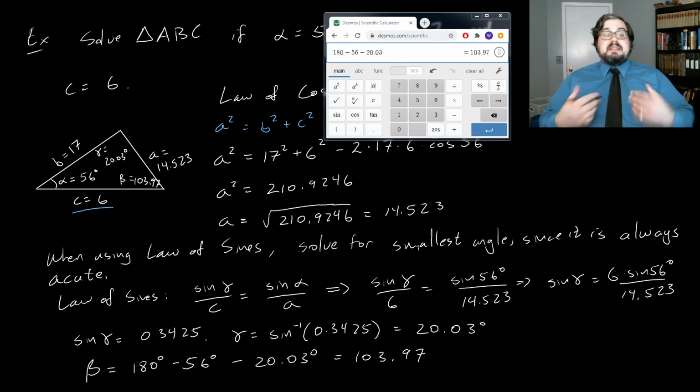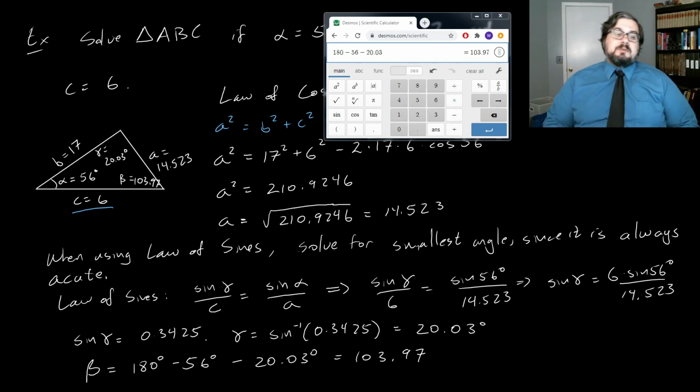And so you see that here's the advantage that we got from going for gamma first rather than beta. Beta, in fact, is obtuse, which means that if we tried solving for beta first using the law of sines, then we'd actually have the two different possibilities. We wouldn't know which one was which, and so we'd have to continue on and try and arrive at a contradiction for one of them.